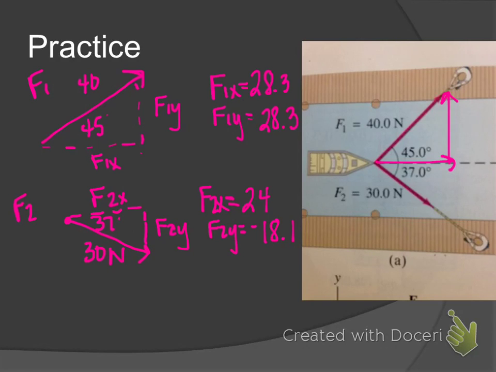Going downward. So now we add all our x's and add all our y's to get the components of our resultant force. The resultant in the x direction would be 28.3 plus 24. And the resultant in the y direction would be 28.3 plus negative 18.1.